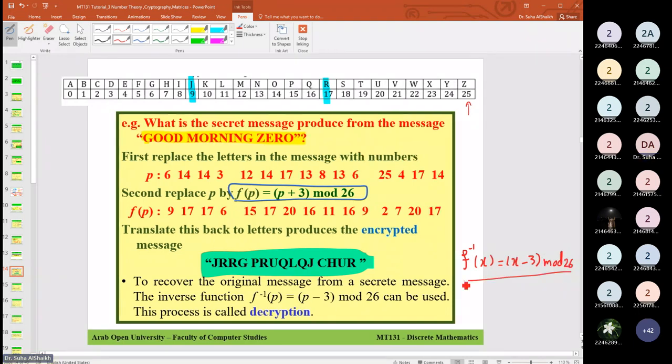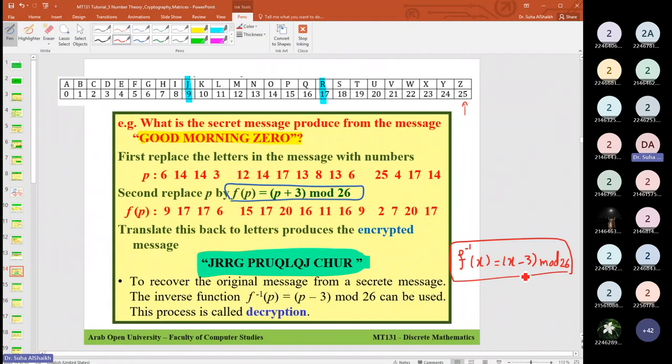Right? If he wants to get the function back to normal, since I added 3, he needs to do the opposite operation. He will apply the inverse function, so he will apply x minus 3 in this case. And this is what we call decryption. Encrypting a message means making a secret message. Decrypting the message means getting back my original message.